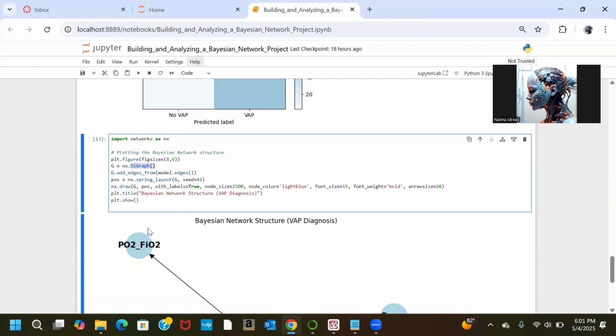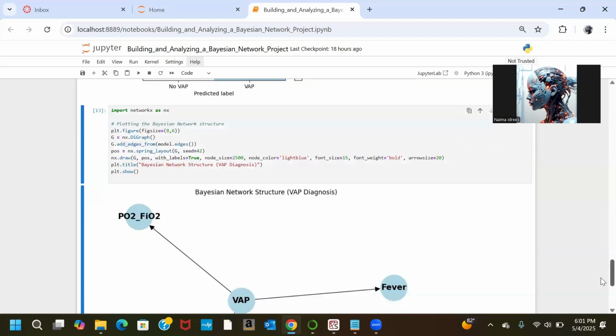And then we are adding edges from the model through this function, adding edges on our Bayesian model. These edges define the relationships which were already defined earlier, like VAP has with the fever, VAP has with the X-ray, and VAP has with the PO2, FiO2.